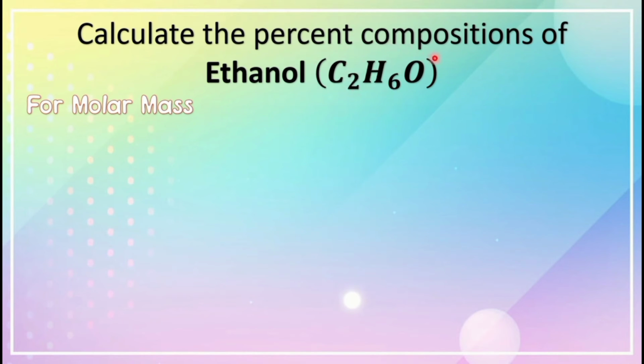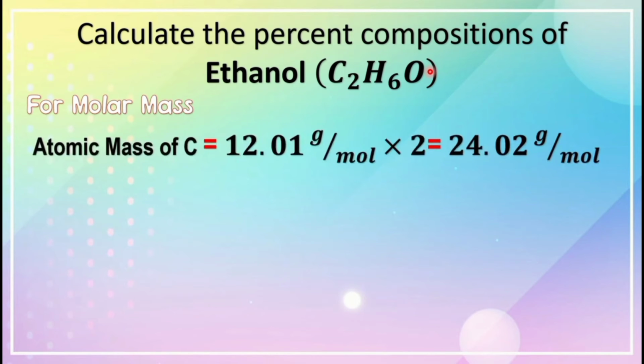We need to know the atomic mass of carbon, which is found in our periodic table. The atomic mass of carbon is 12.01 grams per mole times 2 moles, which is found in our chemical formula, equal to 24.02 grams per mole.